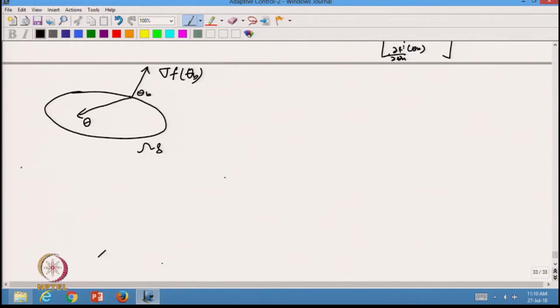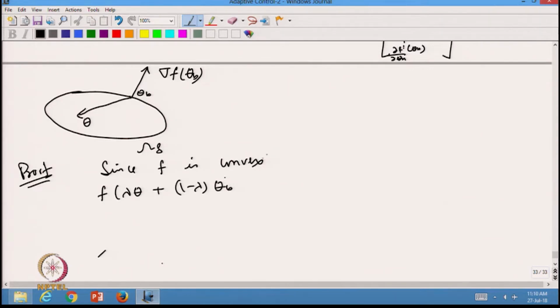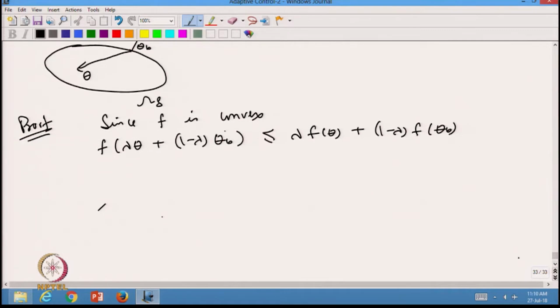Since the function f is convex, what we can say is f of lambda theta plus 1 minus lambda theta b is less than or equal to lambda f of theta plus 1 minus lambda f of theta b. This basically comes from the definition of a convex function.